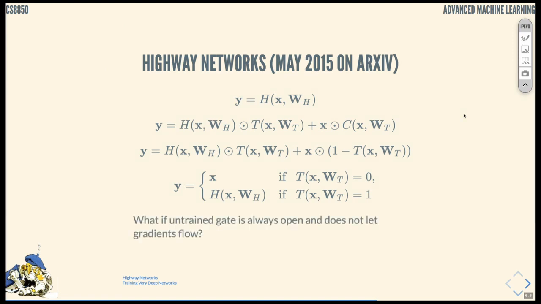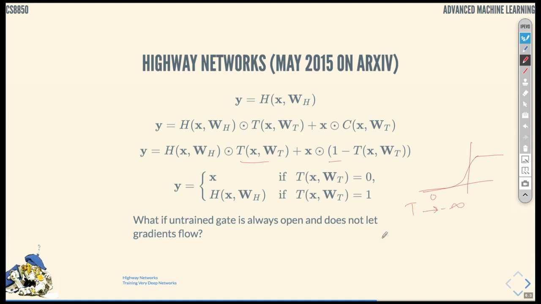But what if the untrained gate is always open and doesn't let gradients flow? In the beginning, we may be unlucky to initialize it that way. So the suggestion, remember the sigmoid function, it's 0 or open for gradients to flow all the way back when the value of the transfer gate is negative, right?